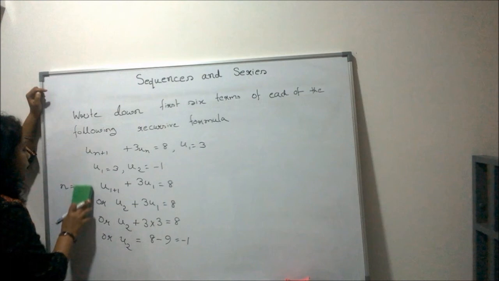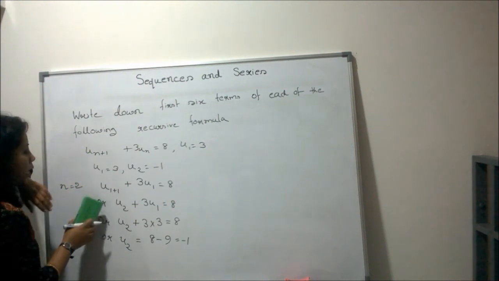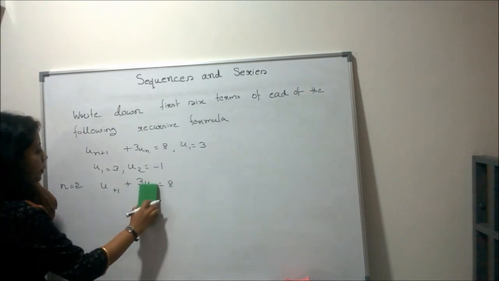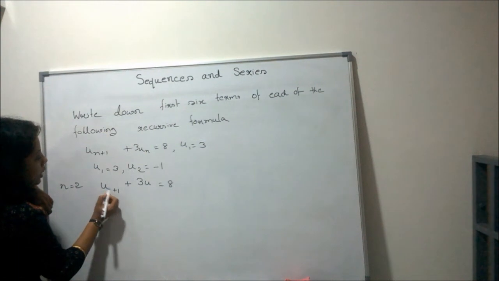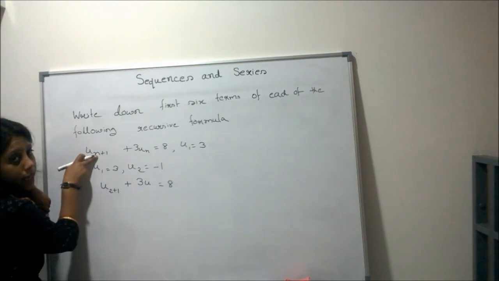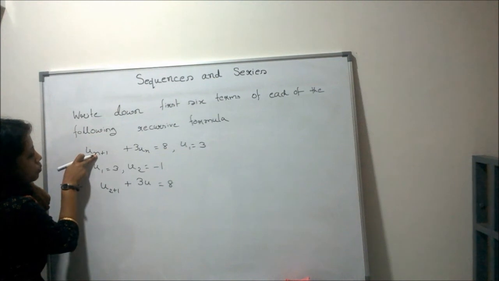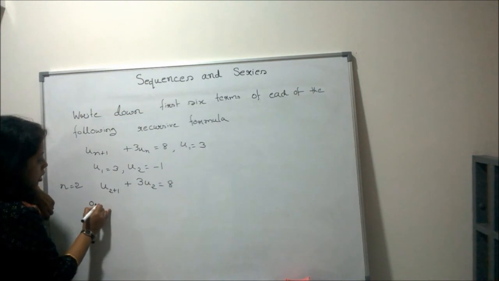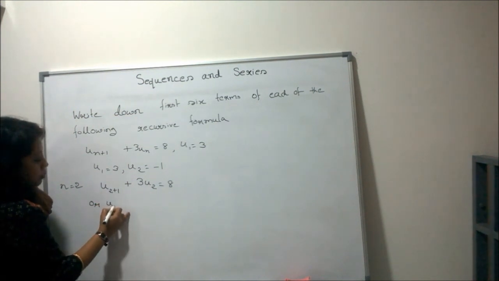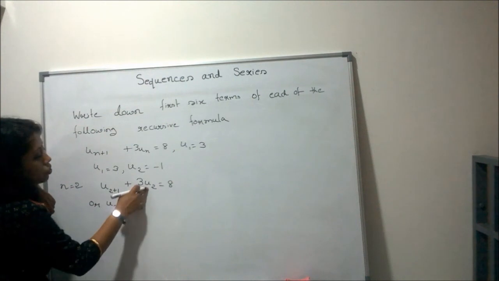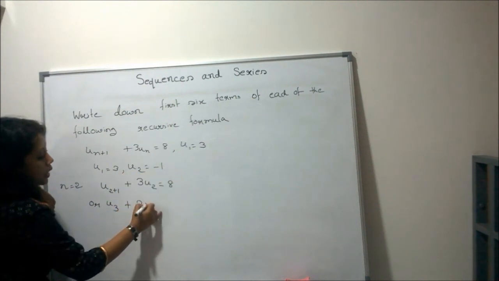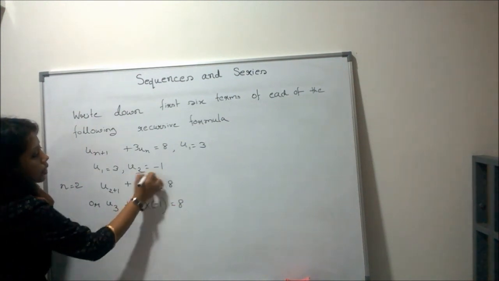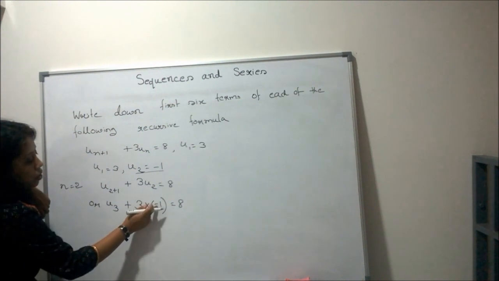Now we take n is equal to 2. So we can write u(2+1) + 3u2 = 8, which means u3 + 3u2 = 8. We found u2 is minus 1, so in place of u2 we take minus 1.